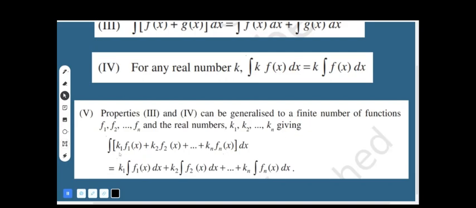If you have integral of k1 f1 of x plus k2 f2 of x plus so on till kn fn of x dx, then we can write k1 integral of f1 of x dx plus k2 integral of f2 of x dx plus so on till kn integral of fn of x dx. That is, we can write all the constants outside and add the integrals separately. These are some important properties of integrals which we'll be using while solving problems.